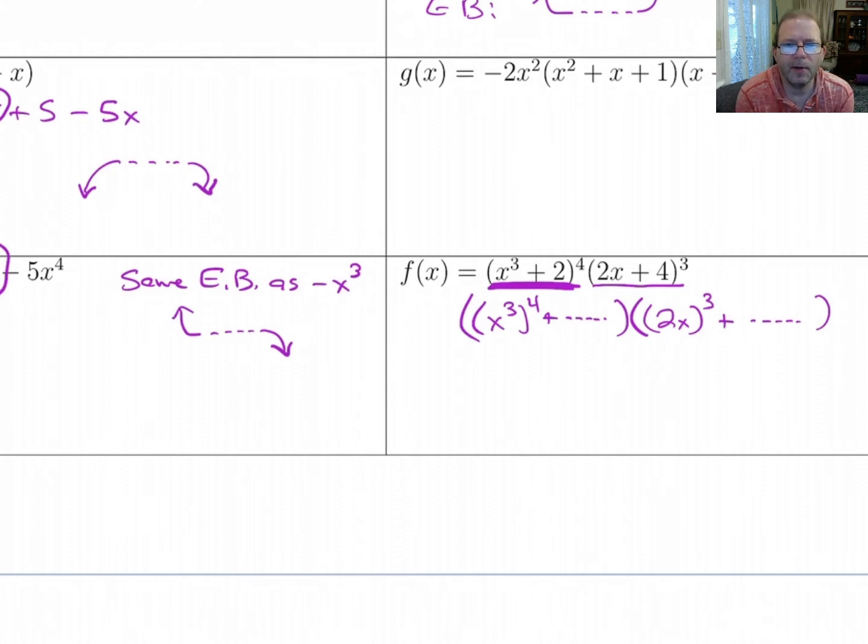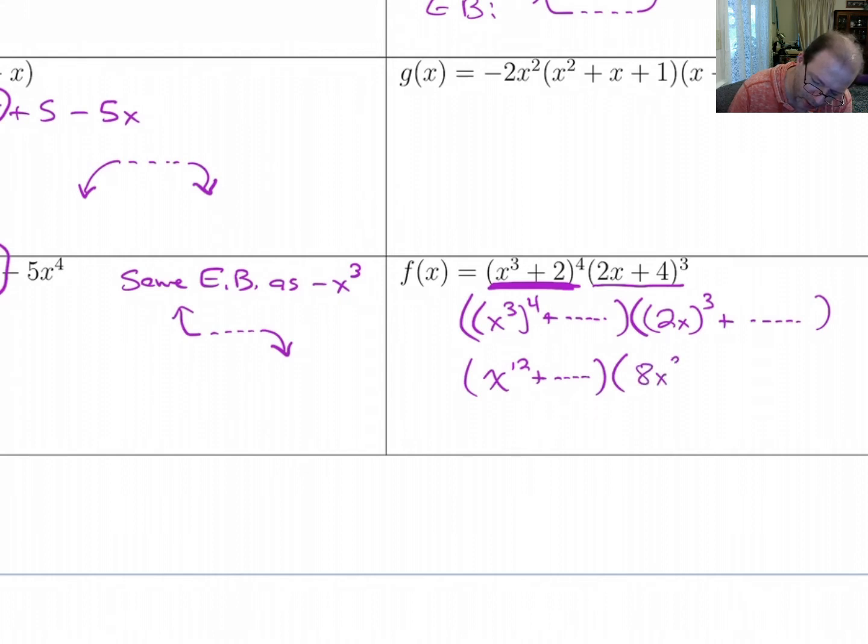All right, I'm not going to worry about the smaller stuff because, notice what this gives you. This is x to the 12 plus smaller stuff. And this 2x cubed, that's going to be 8x cubed plus smaller stuff. So when I multiply this together, I'm going to get 8x to the 15th plus a bunch of smaller terms.